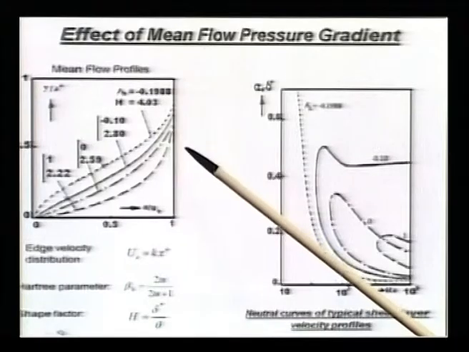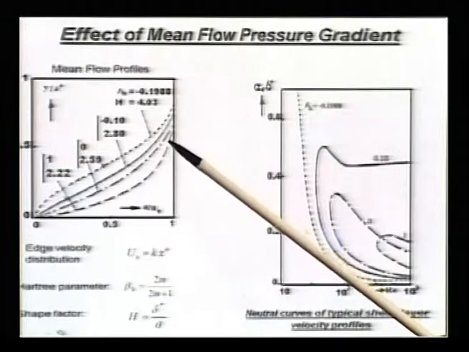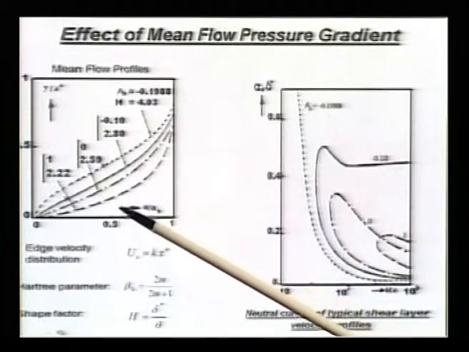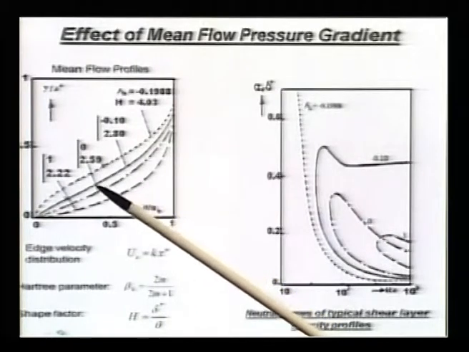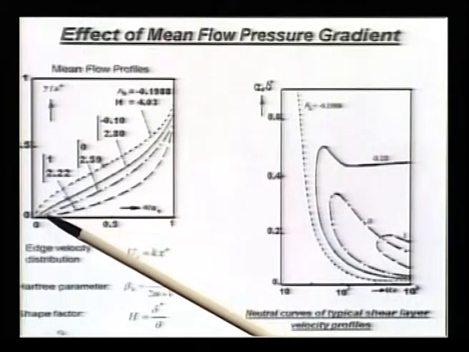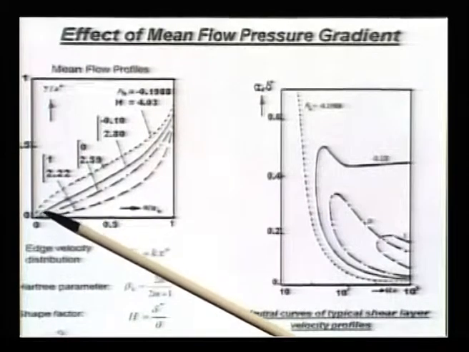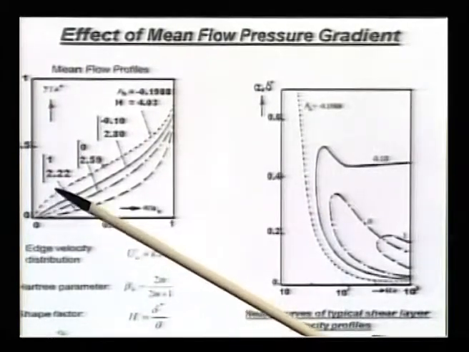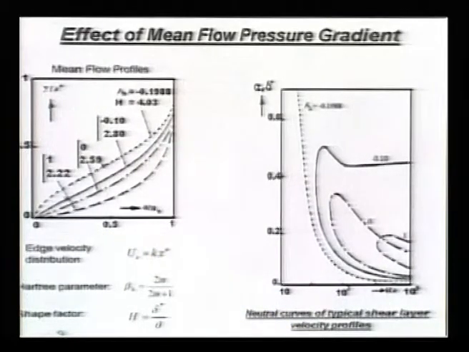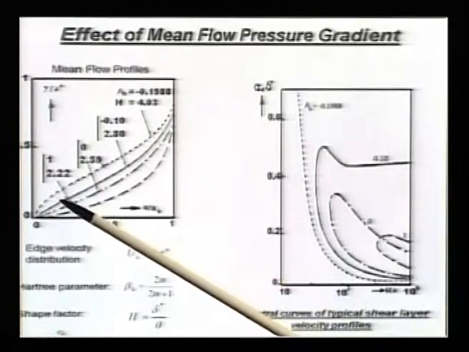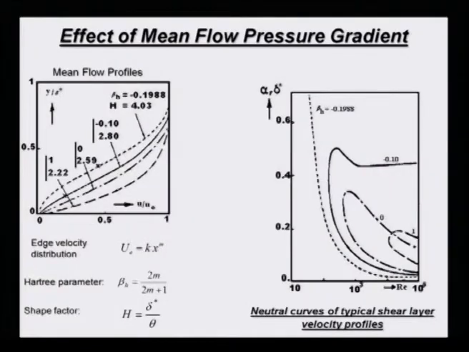Let us first talk about the adverse pressure gradient a little more. You can see that because of the adverse pressure gradient, the velocity profile becomes deficient closer to the wall, and you come to a stage where this curve actually has a slope du dy equal to 0. That corresponds to your separation condition. The skin friction locally becomes 0.